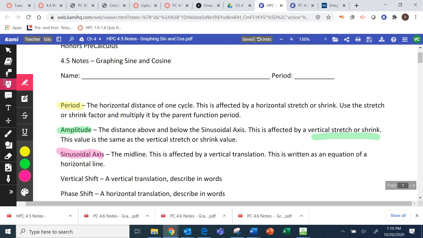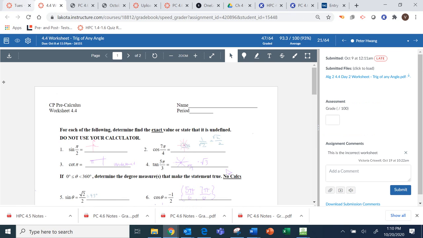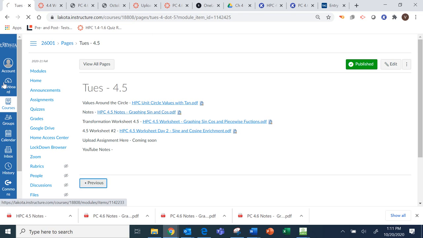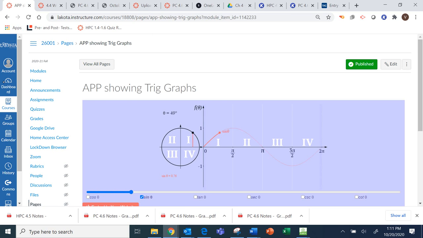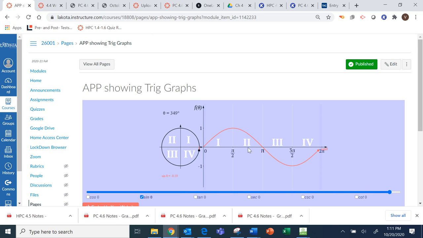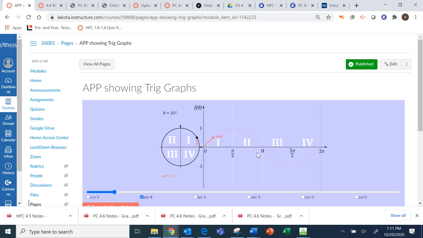I'm going to go back to that graph that was just up. Except I lost which one I was on. This one here. So for this graph, our midline would be y equals 0. It is the equation of a line. Here, our midline, our sinusoidal axis, would be where the graph goes above and then it goes below.